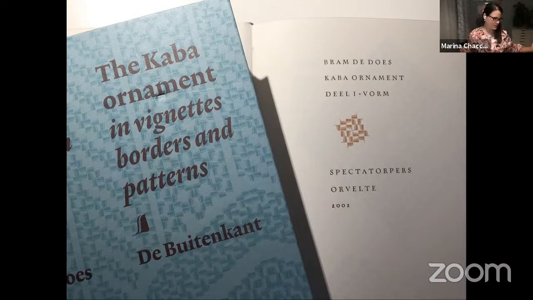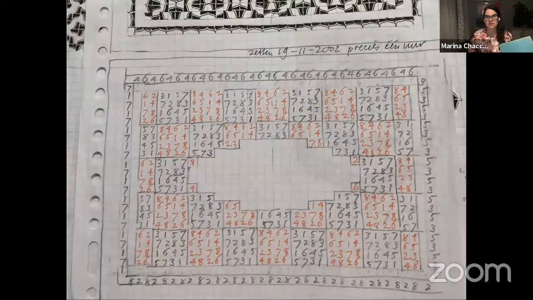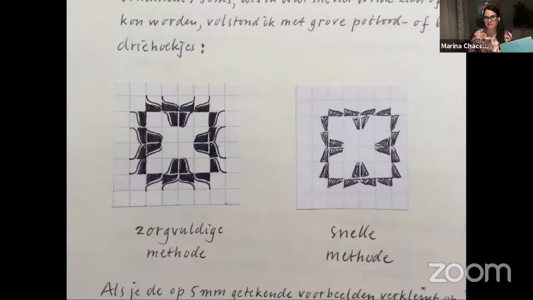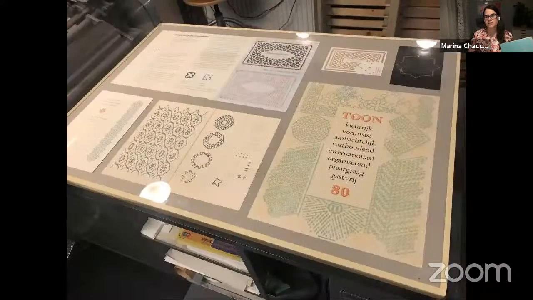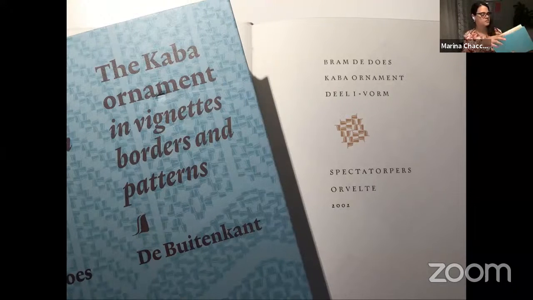The book number 2 is the massive one. And why is this impressive? Well, this is not letterpress printed. This is printed in offset by the Bouwtenkant. But these are sketches that he did by hand throughout many, many years. So this exercise that you've seen here in the grid paper, this is what he did in this book.